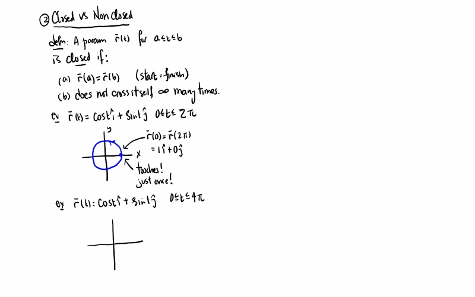But as I draw it, think about what happens. When we start, it begins right here. Then it does a full circle, and then it runs over the same circle again. So it does start where it ends. It's still absolutely true that it begins where it ends. But it runs over itself a full time.